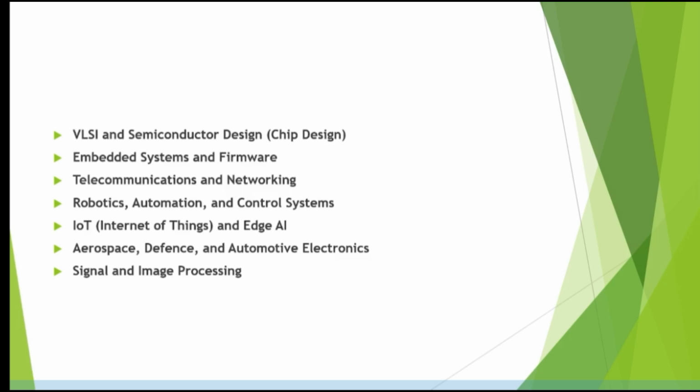Now comes the fourth one, which is robotics, automation and control systems. From the title itself, you can say this involves electronics, mechanics and software. Basically all the EEE, ECE, CSE, mechanical, all the particular domains are involved in this domain, like robotics, automation and control systems, right?